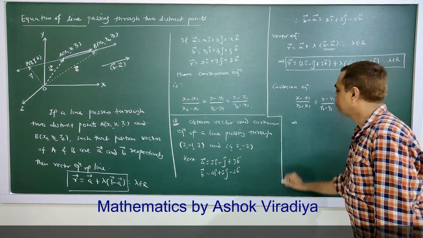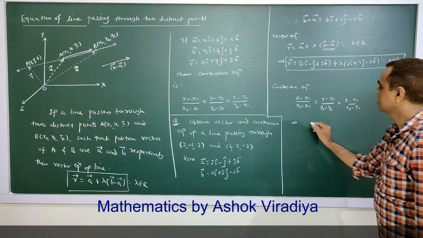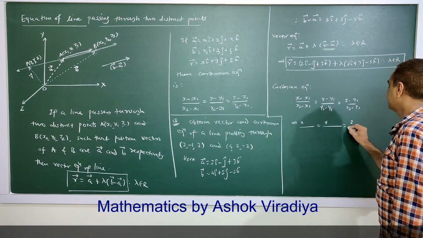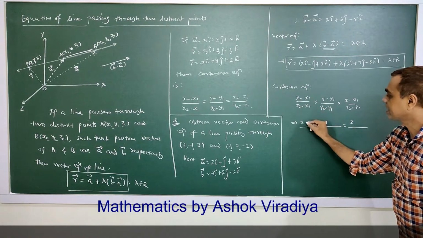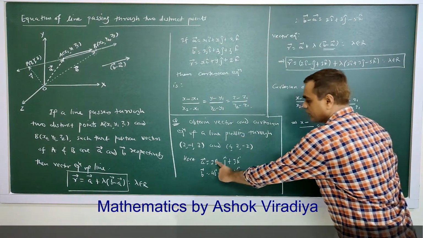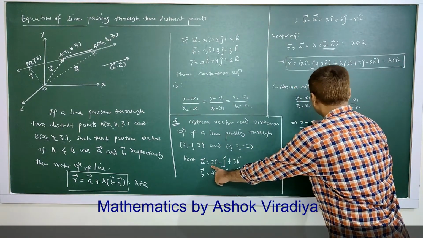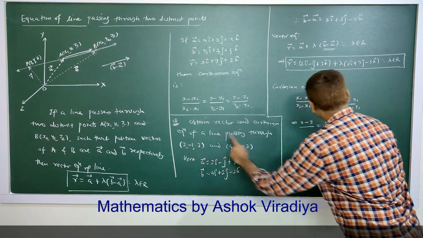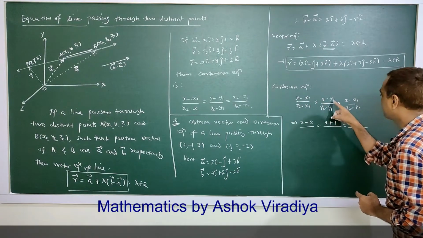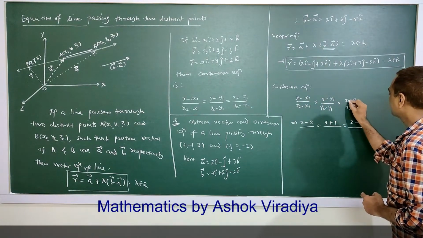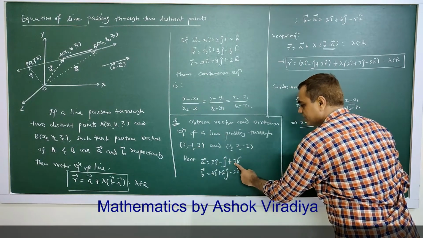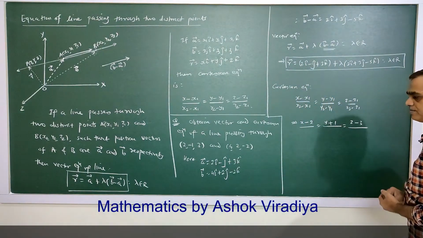So from this formula, x minus x1, and x1 is 2, so minus 2. y1 is minus 1, so minus minus is plus 1. z1 is 3, so z minus 3.